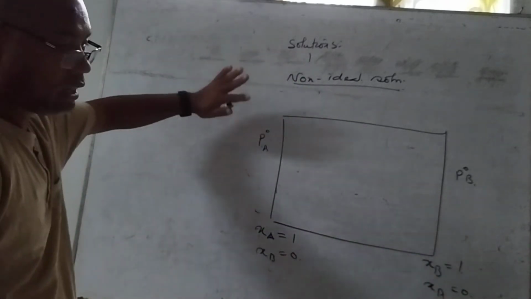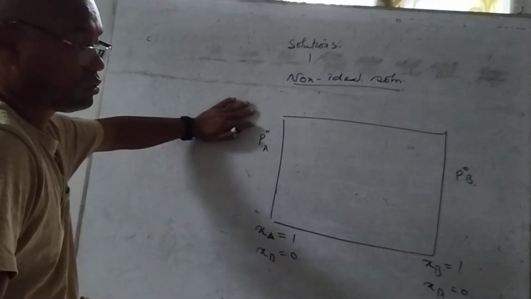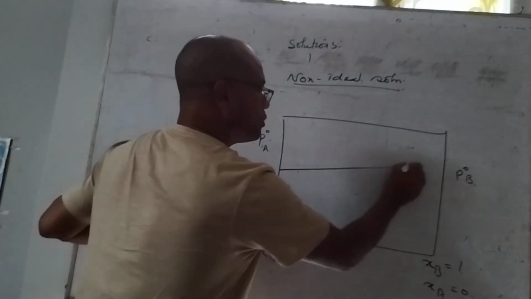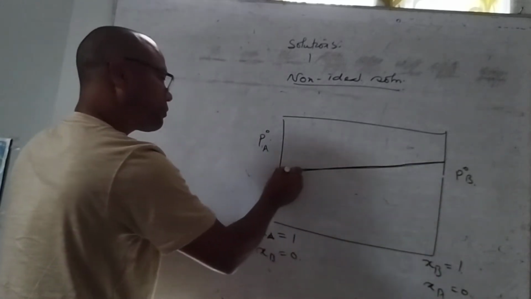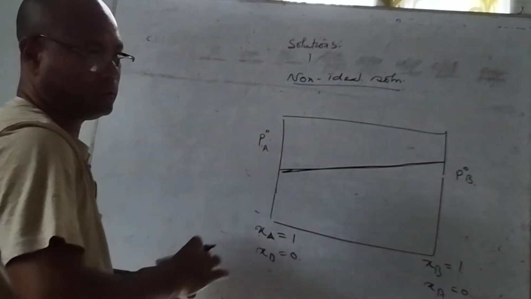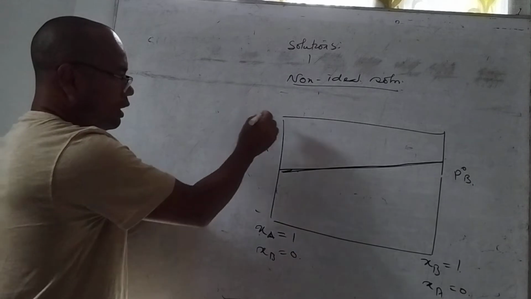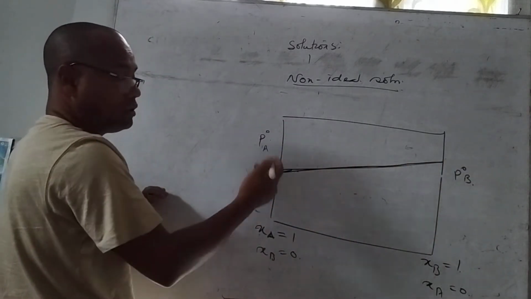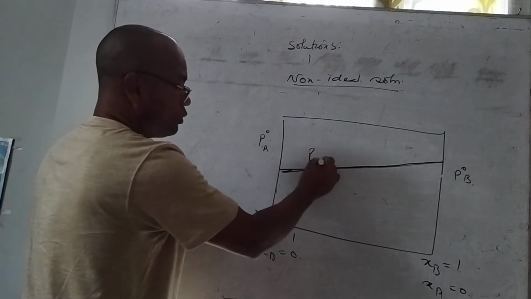For an ideal solution, the curve can be drawn like this. For an ideal solution, we always draw a straight line. This one is the B solution.